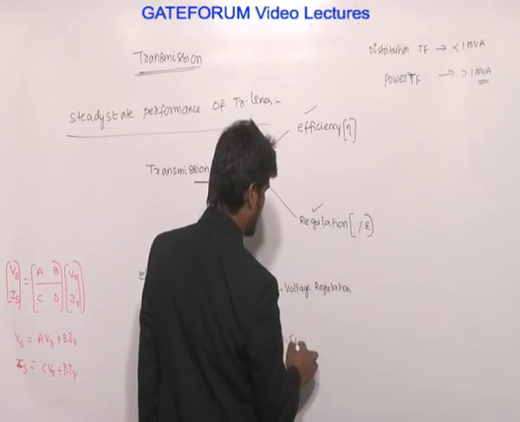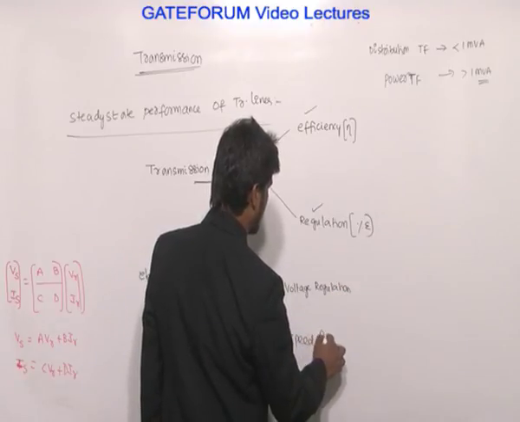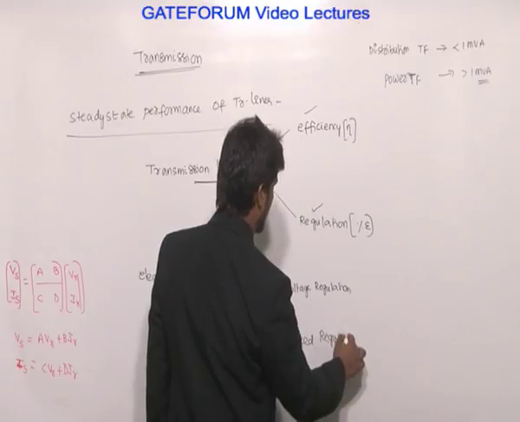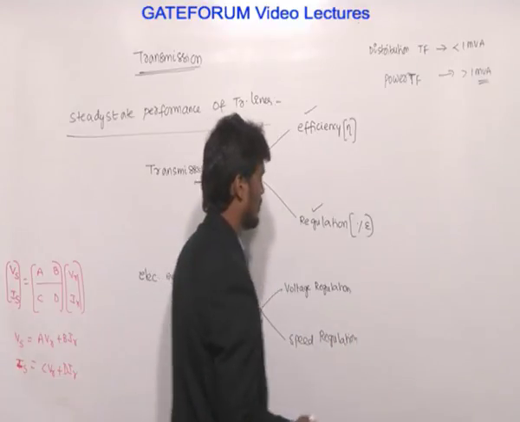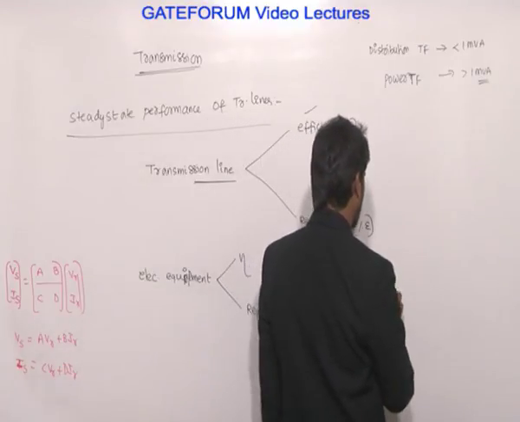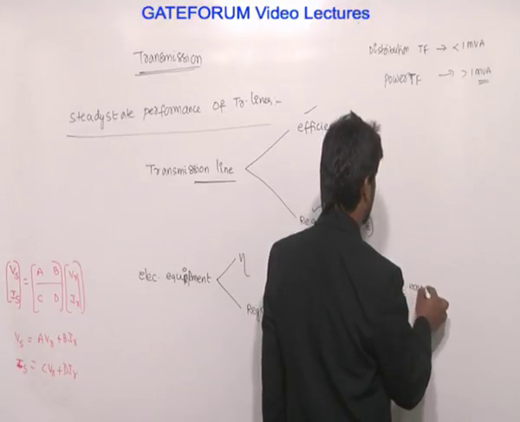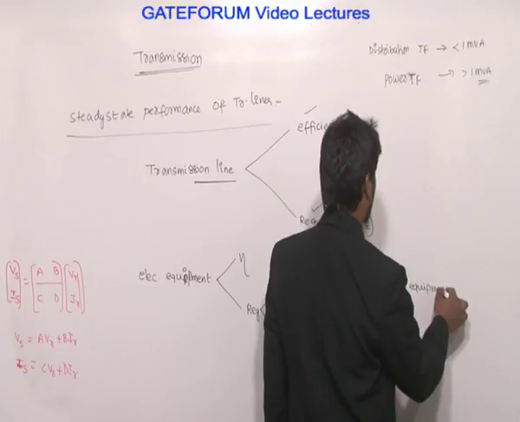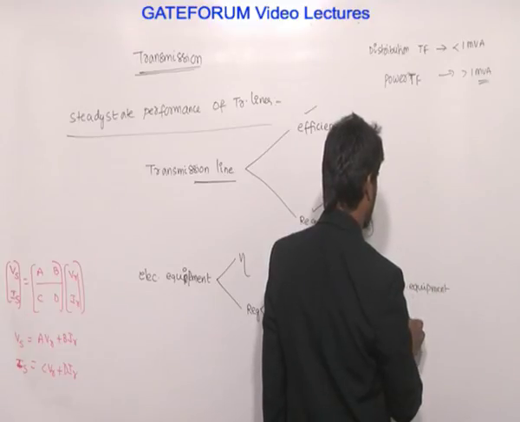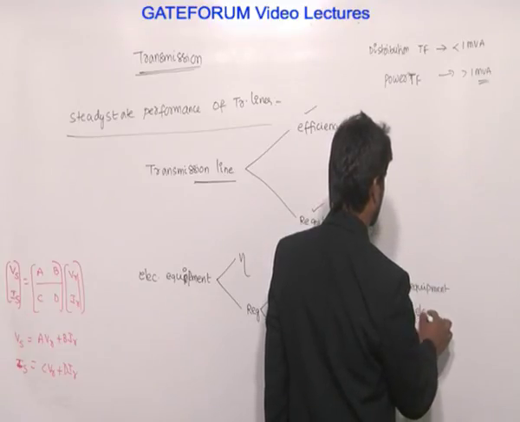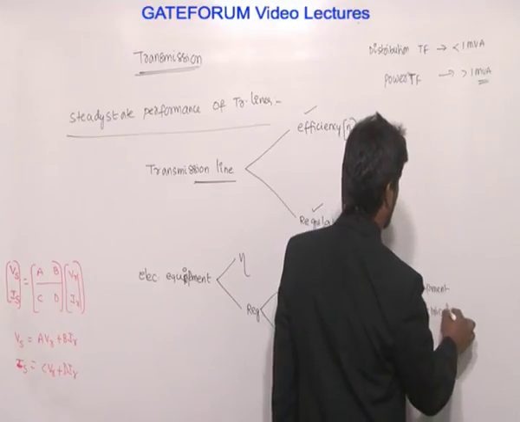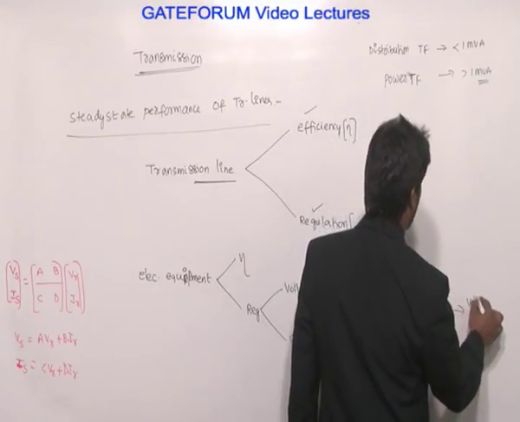The second one is speed regulation. Any electrical equipment whose output is electrical, we calculate voltage regulation.